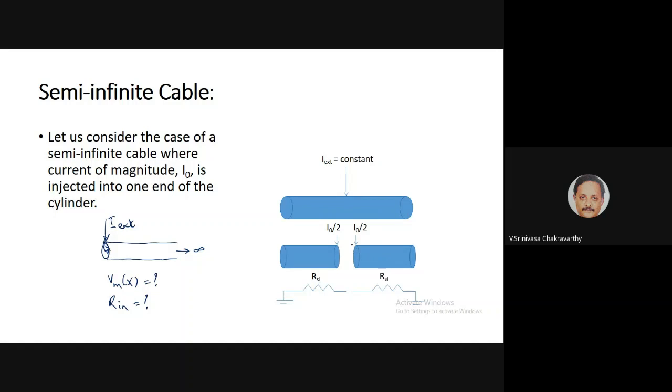I'm just treating the main cable as consisting of two semi-infinite cables. In the original cable, I have a voltage distribution which goes like this. Now in the two semi-infinite cables, I'll have a voltage distribution like this.